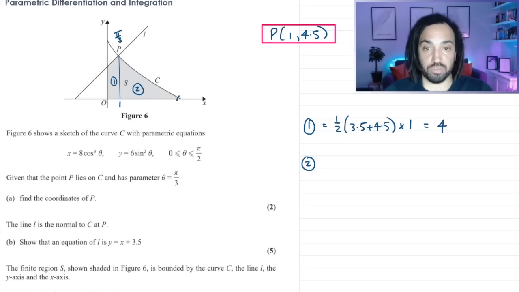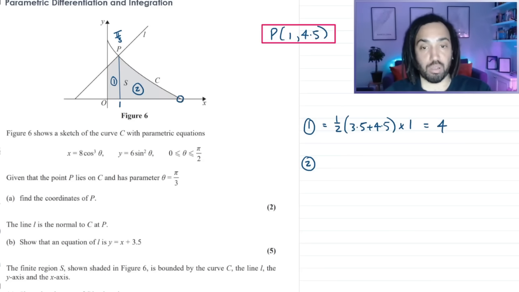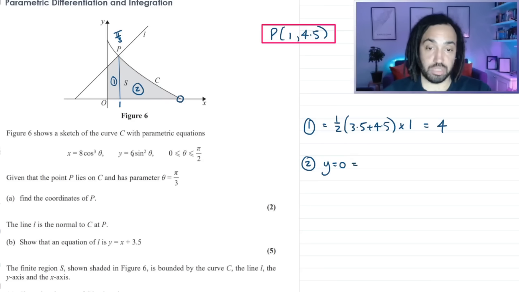So what about over here? Well, we know at that point the y is equal to 0. So we set y equal to 0, and we know that y is also equal to this 6 sine squared theta.